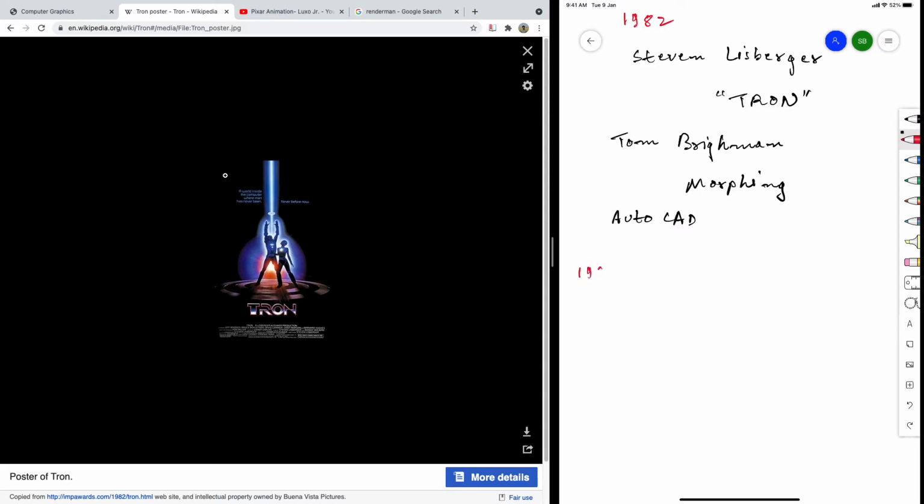Let us go to 1983. In 1983, a film called Data Glove was released, which was a virtual reality film. So just imagine, in 1983 people were imagining about virtual reality.